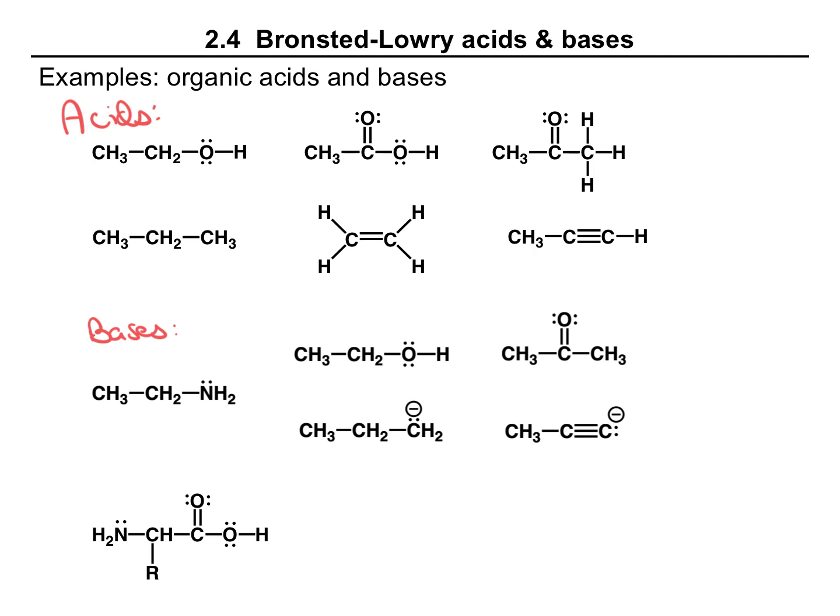When it comes to bases, now we have something like an amine. On the previous slide, we saw ammonia, NH3. Well, we can also have a nitrogen that's connected maybe to hydrogens, but also connected to carbons, and that's an example of an amine. So ammonia and various amines, these are very common organic bases. Now up here I was talking about acids and I wrote an alcohol, and we were talking about acids and I wrote this, it's called a ketone, CH3, C double bond O, CH3.